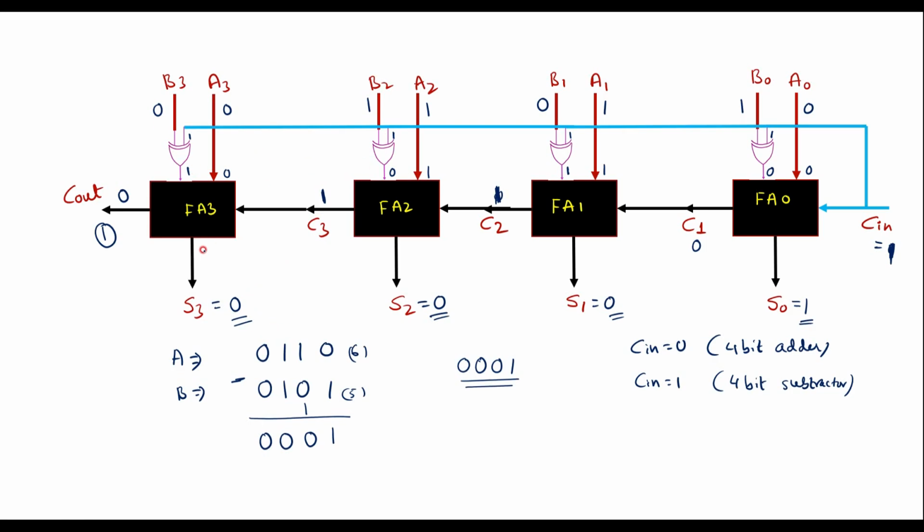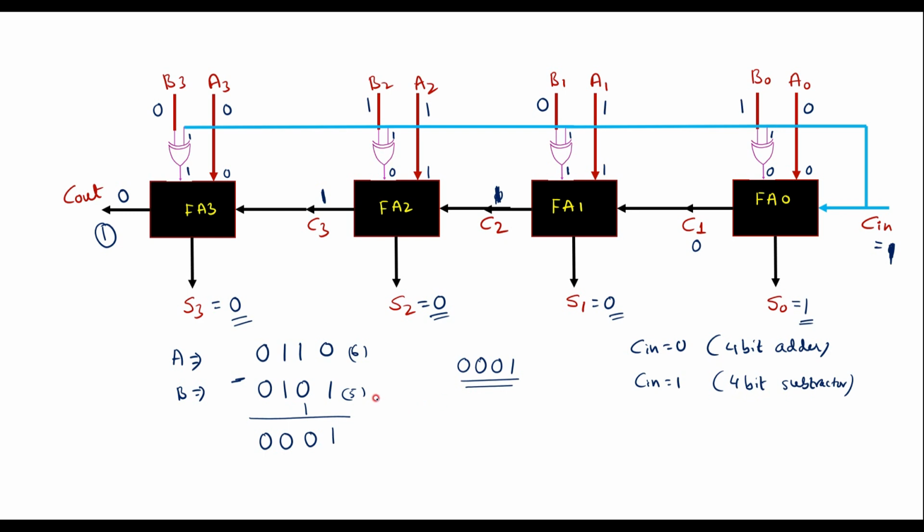So the XOR gate performs the 1's complement of the input B. That 1's complement will be added with Cin, because Cin is equal to 1. So 1's complement plus 1 is nothing but 2's complement. So the 2's complement of B will be added with A.